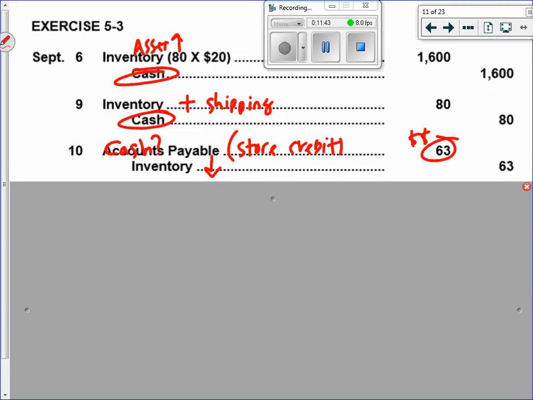Now the bigger question is, did I even read it? Return 3 calculators to Guthrie for $63 credit. But what's confusing is that's actually a debit. If they had credited AP, that means we owe. No, now they gave us kind of like a gift card, if you will.